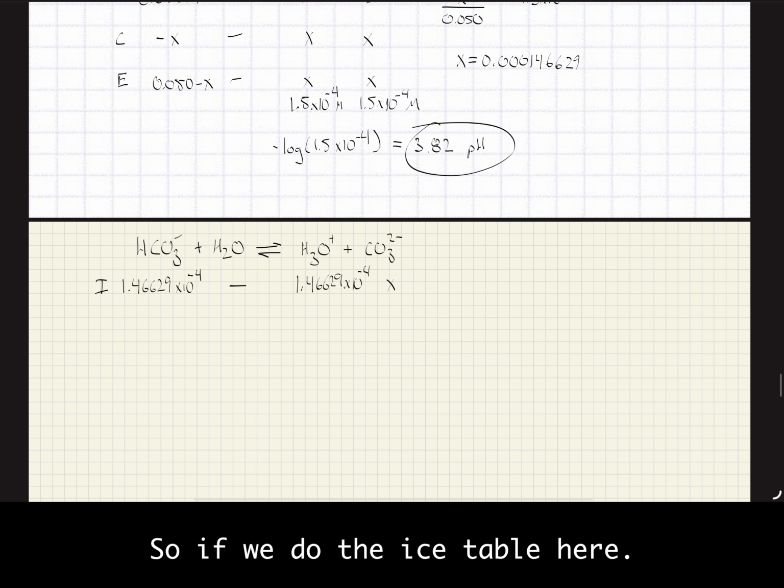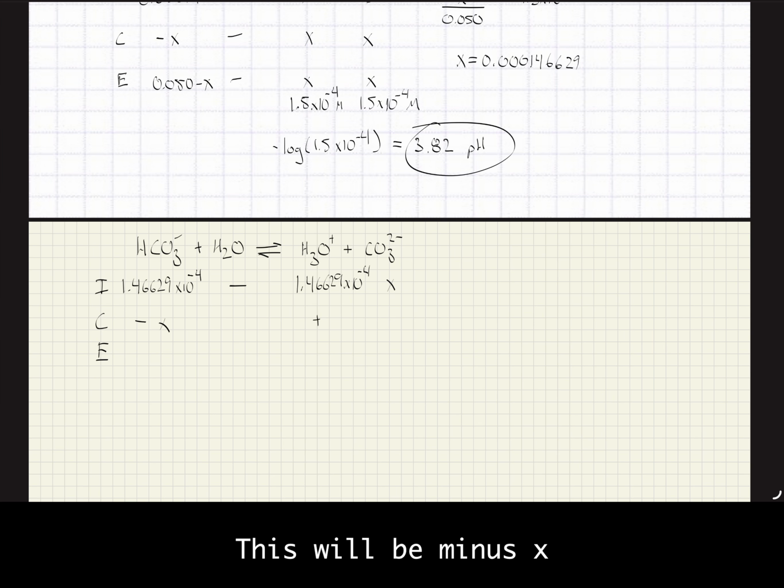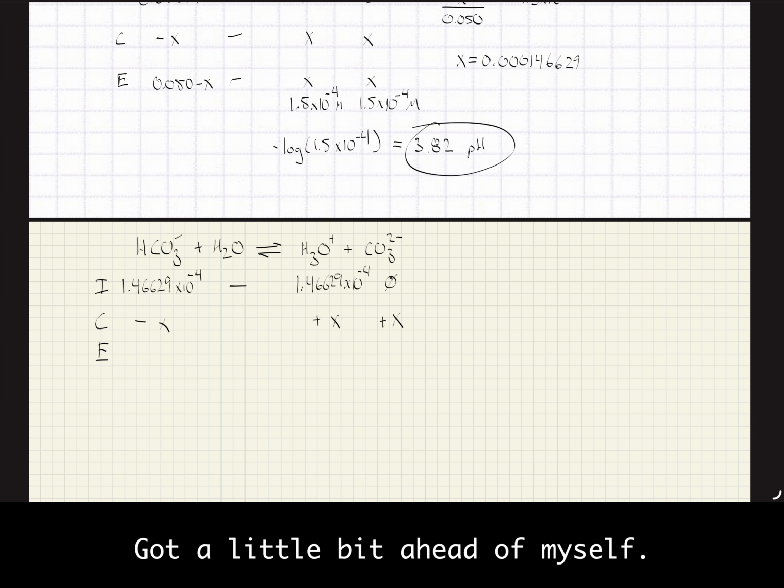So if we do the ice table here, this will be minus X. This will be plus X. Oh, sorry, this isn't X, this is 0. Got a little bit ahead of myself.